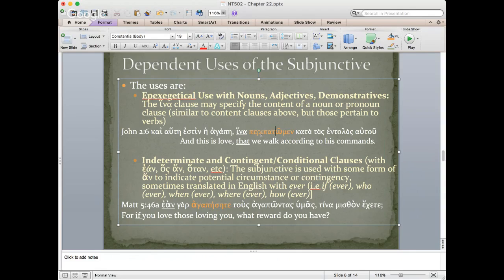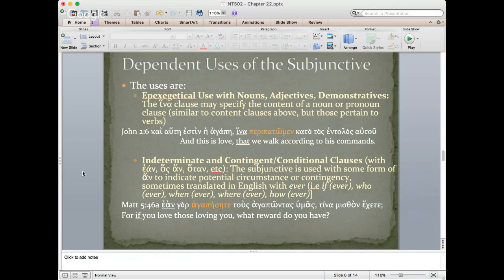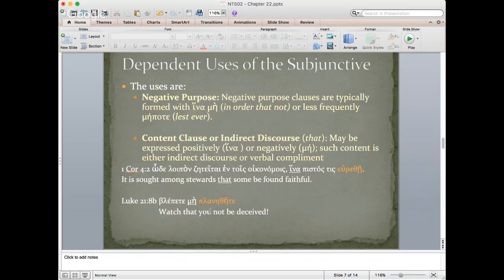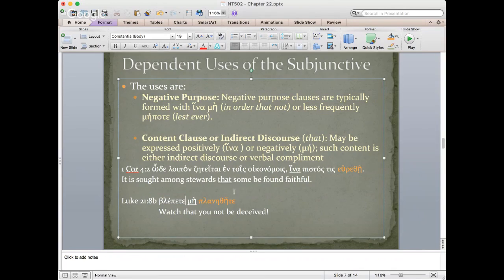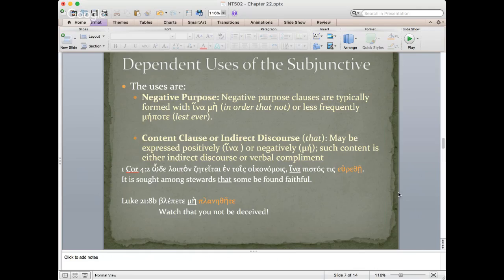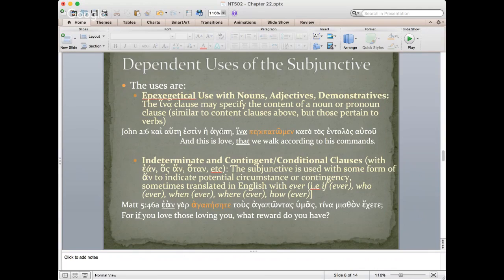So let me jump back real quick. When you have a content clause or an indirect discourse, it's filling the content of a verb. Okay. What is the content of watching? It's not being deceived. Okay. When you have an epexegetical, the content is the content of a noun or an adjective or demonstrative, not a verb.